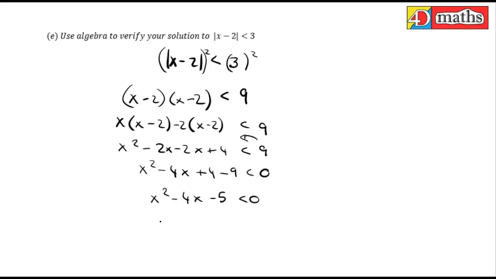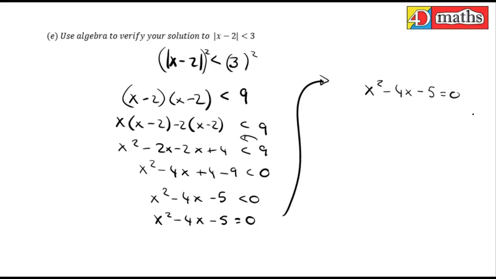Now the way to solve this is you don't worry about the inequality yet. We just let it equal 0 and we'll worry about it after. So x squared minus 4x minus 5 equals 0. The guide number is minus 5, and I need to get minus 4, so it'll be minus 5x and plus 1x, because I want a minus 4.